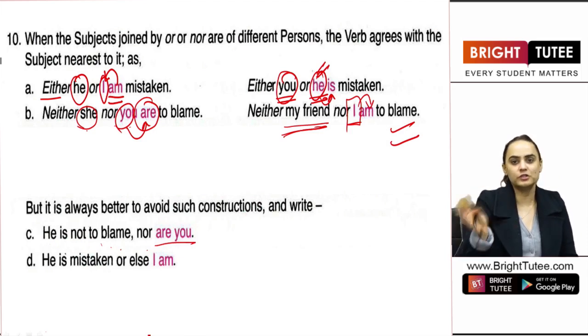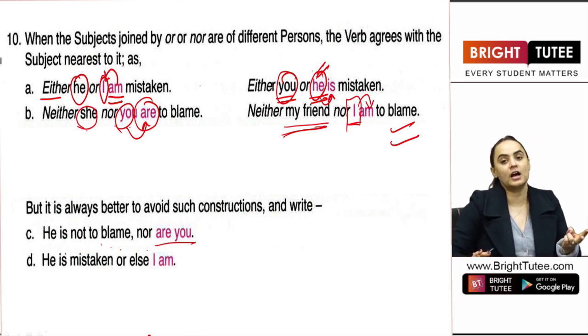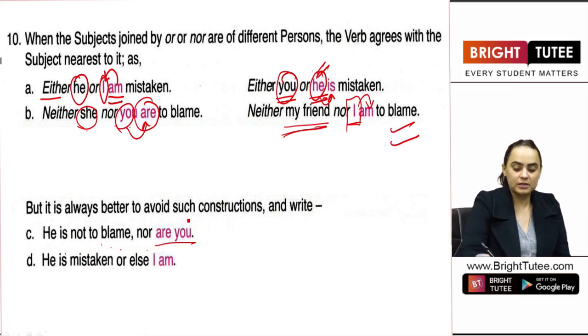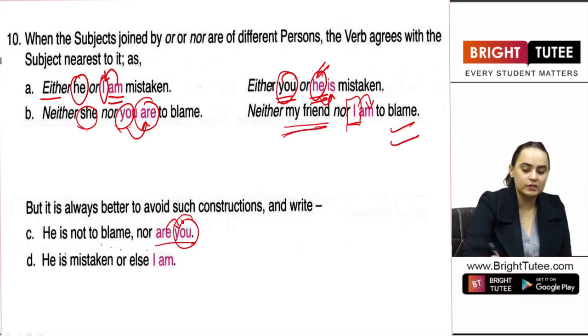So here there is no confusion with regards to which subject or noun is closest to the verb. We know that are is used with you, which is plural.